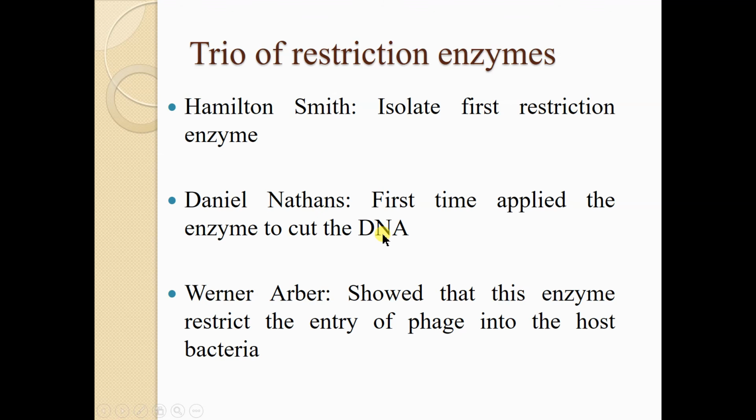They saw the activity of the restriction endonuclease enzyme for the first time. Then Werner Arber showed that this enzyme restricts the entry of phage into the host cell bacteria. So they restrict the entry of the bacteriophage or virus into the bacterial cell, or they restrict the active replication of the viral DNA in the host bacterial cell.